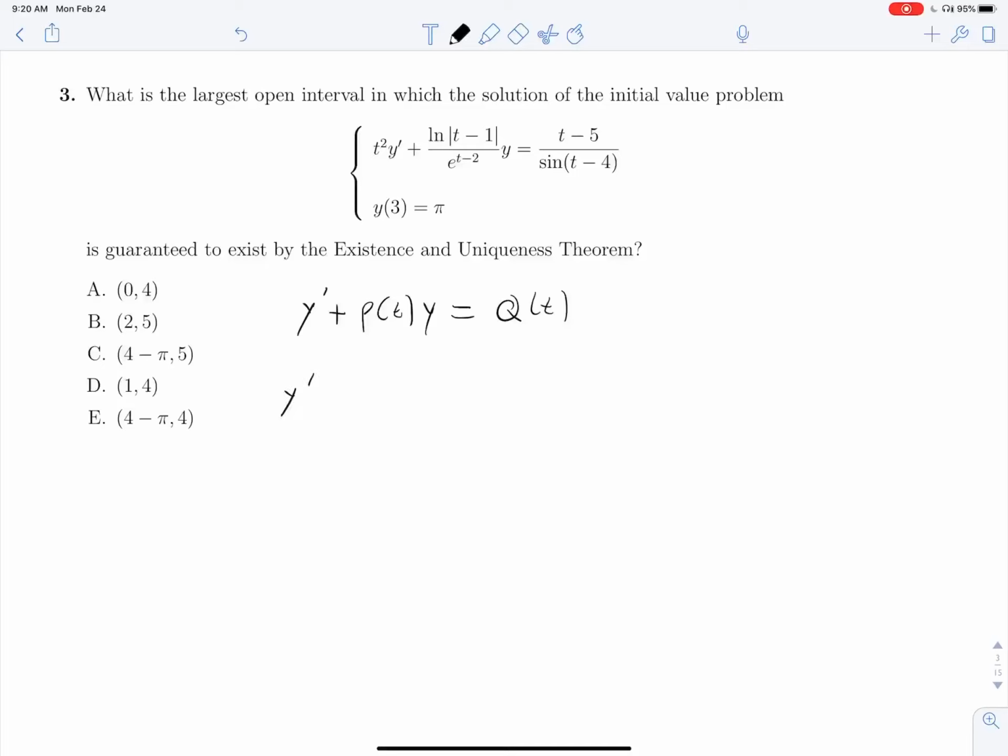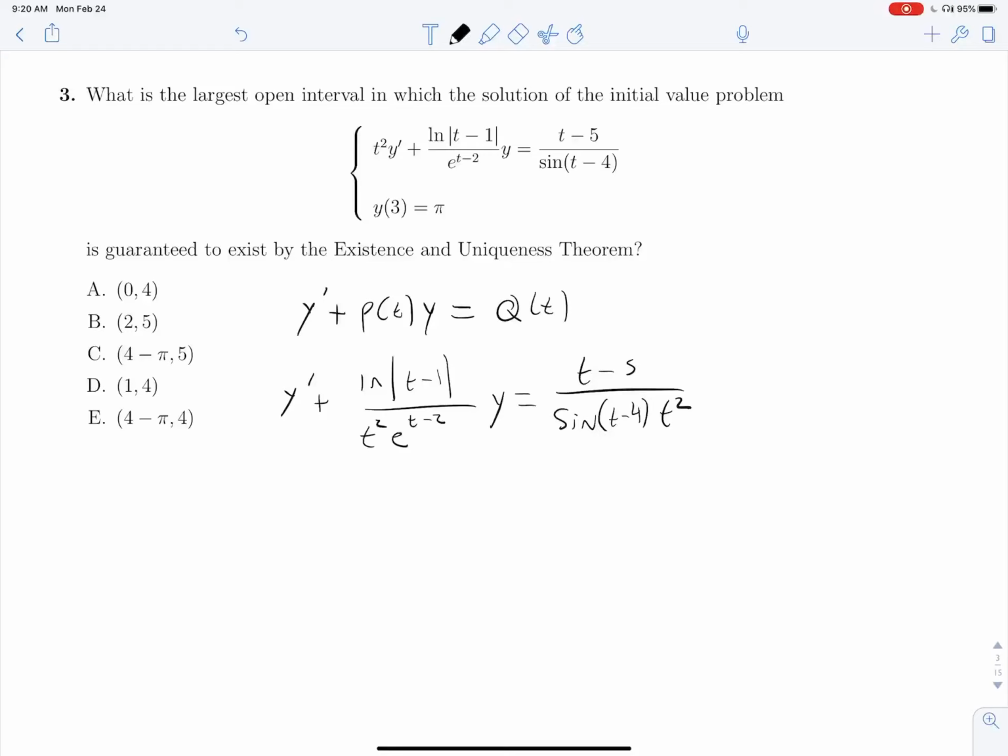We will get y prime plus ln quantity t minus 1 over t squared, e to the t minus 2, times y is equal to t minus 5 divided by sine t minus 4, times t squared.